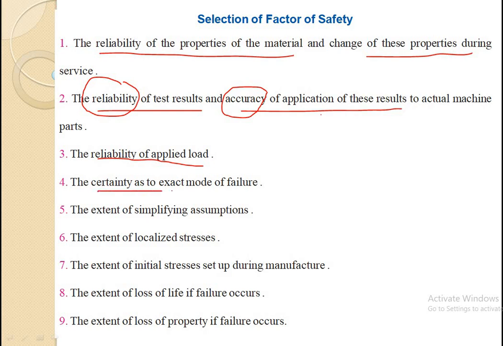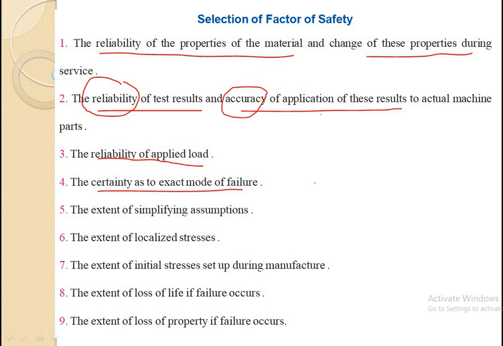Fourth parameter is the certainty as to the exact mode of failure. Means what? When we are designing any component, we need to understand the exact mode of failure, whether that component is going to fail due to tensile loading, or compressive loading, or due to shear stress or bending stress.